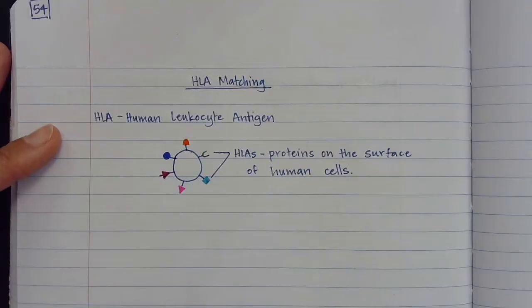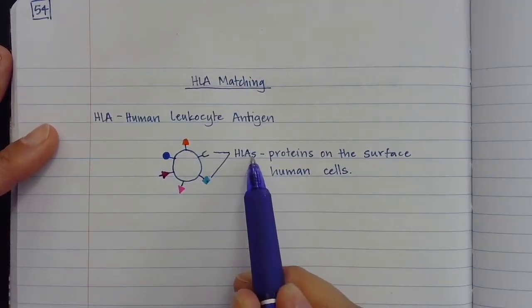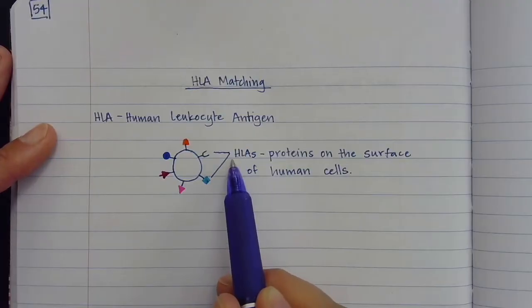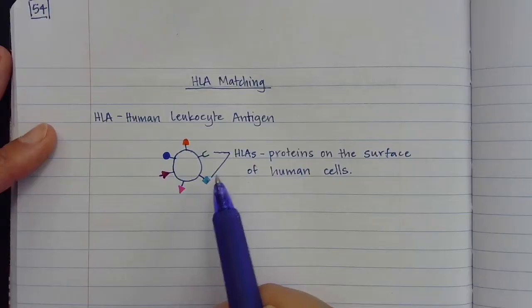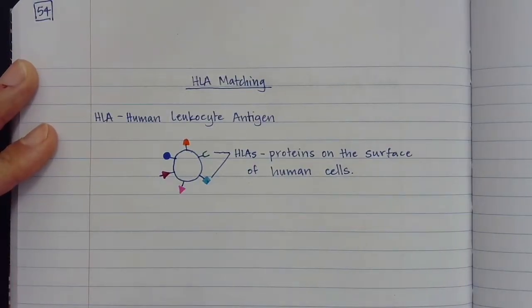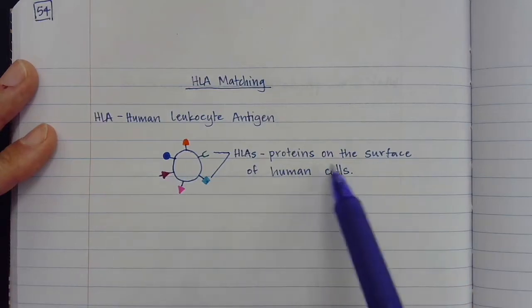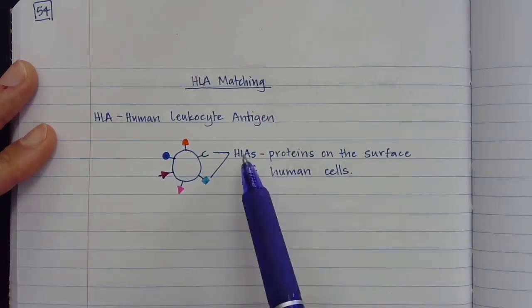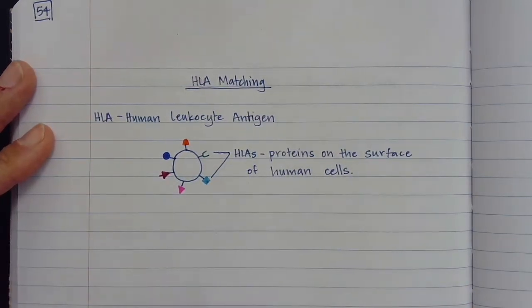Now, other organisms also have leukocyte antigens, but they're not human leukocyte antigens. So dogs have antigens on the surface of their cells, horses, cows, all the different animals have these proteins on the surface of their cells, but the human ones are the ones that we have.